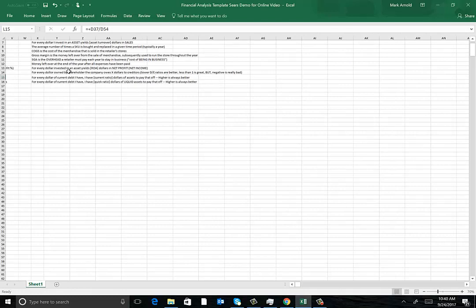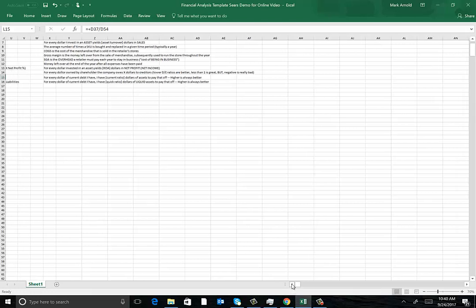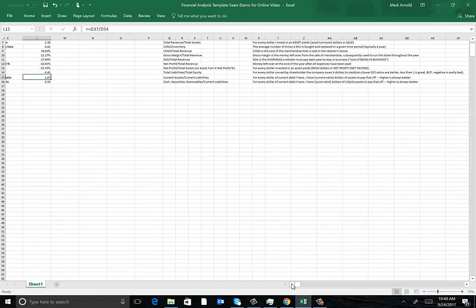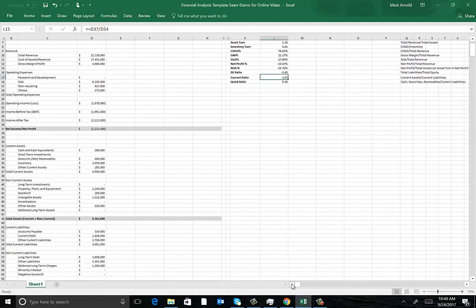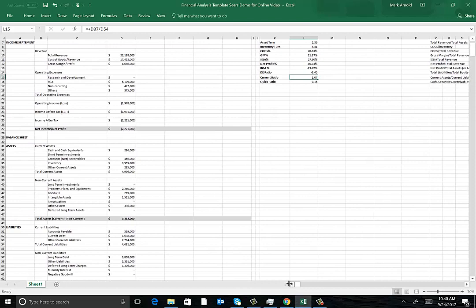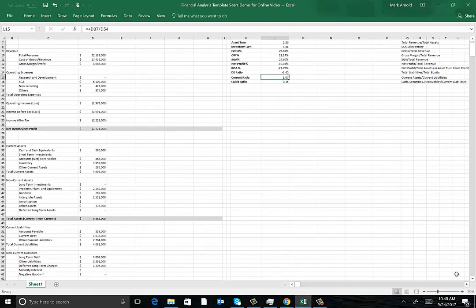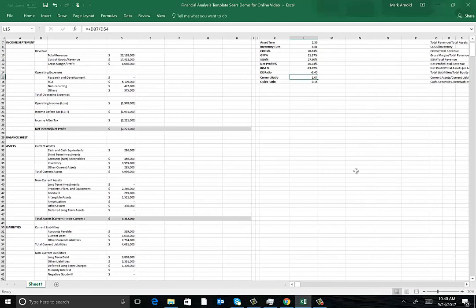Normally, when you have a DE ratio, lower DE ratios are better, and less than 1 is really good. But once you go negative, that means something totally different, and a negative DE ratio is never good. That means the firm with a negative DE ratio is on life support.